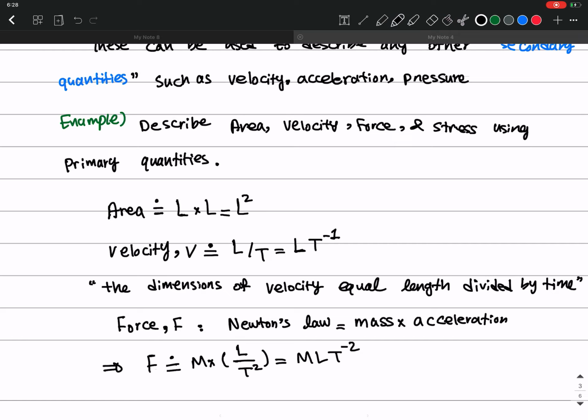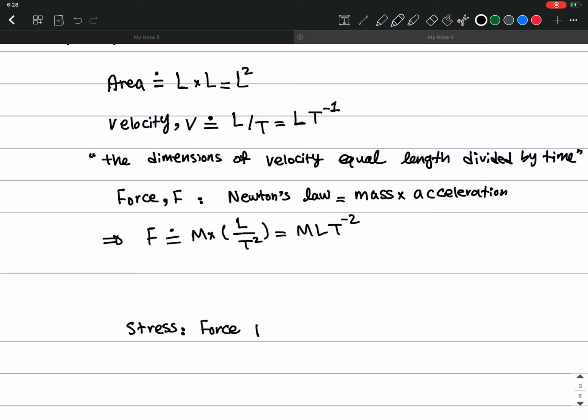Okay, for this one, I want to give some time so you can do it yourself, and that is stress. So I just write the definition, and I give you 1 minute to solve it yourself. So stress is force per unit area.